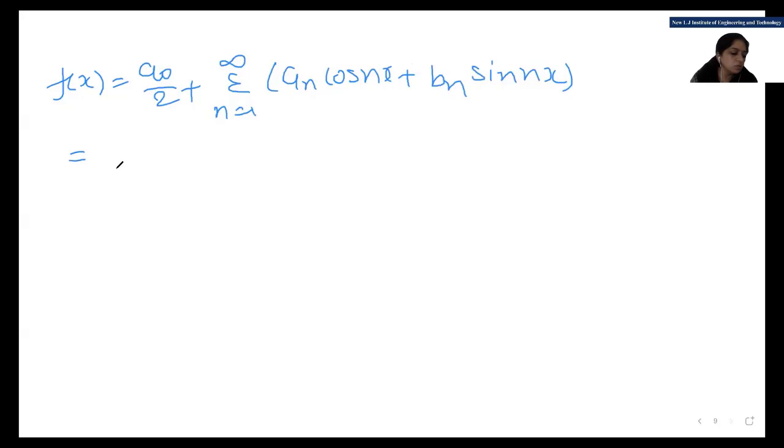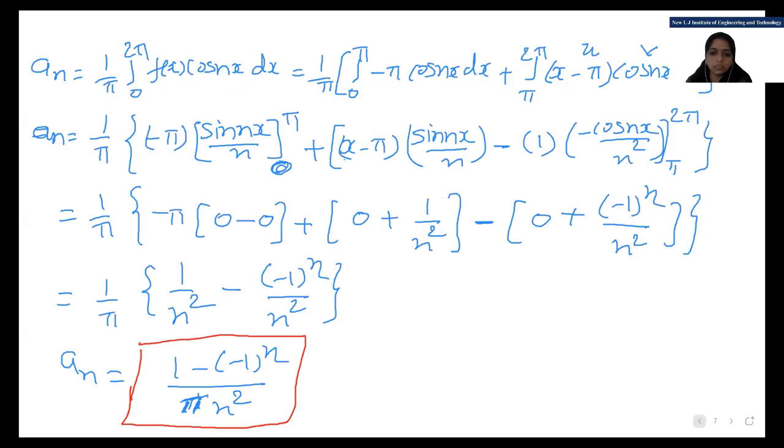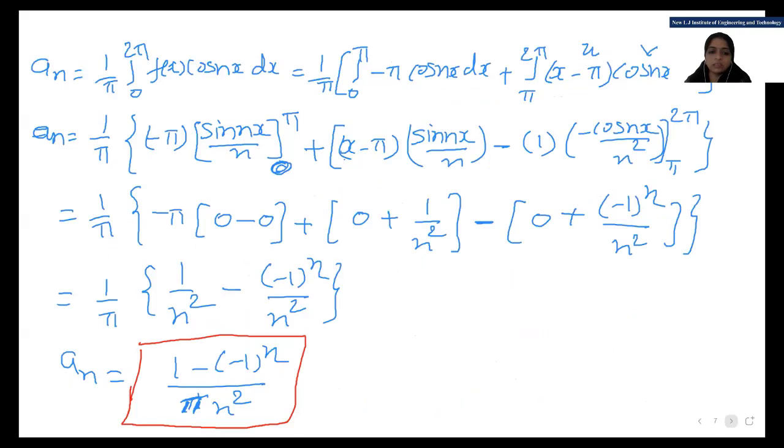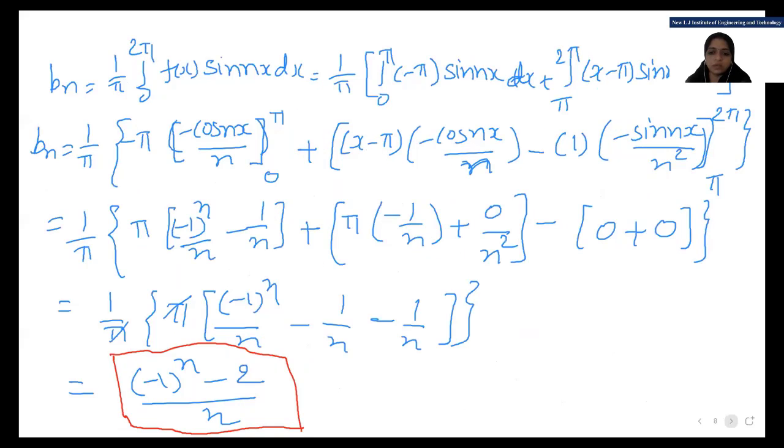As you all know, the value of a0 is minus pi by 2. See, this is the value of a0. So minus pi by 2, here 1 minus minus 1 raised to n upon pi n square, and this is the value of bn.